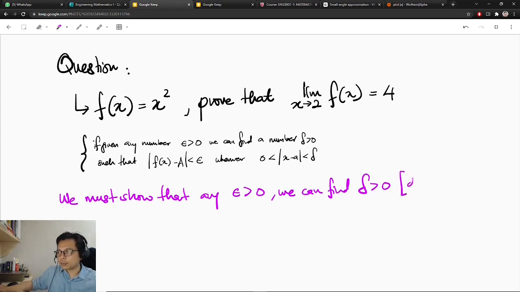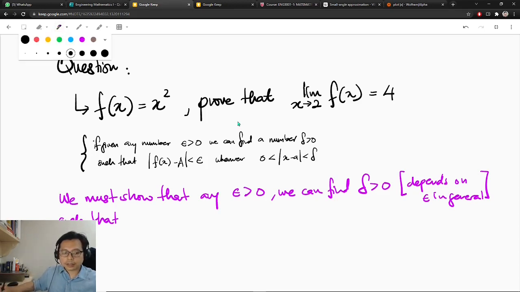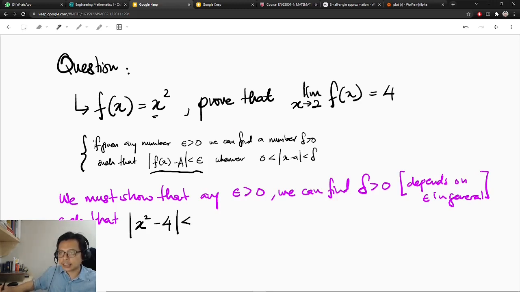This depends on the epsilon in general, such that, let's rewrite this, f of x is x squared, so x squared minus the limit, which is 4, absolute value, is less than epsilon. Epsilon is, like I said, any positive number.